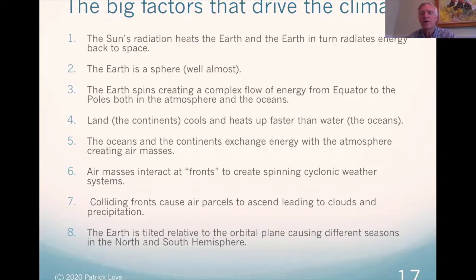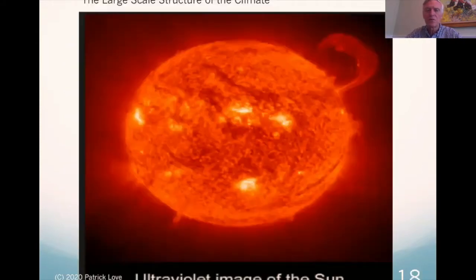So we're going to talk about the effects of the Earth as a sphere, the spinning of the Earth, the land and the oceans, and the effect they have. Because this is all going to lead to how energy is circulated around the Earth's surface, right? So we're going to spend some time on that. Basically, this is the large scale. We're going to worry about the large scale structure of the climate and its circulation on the Earth.